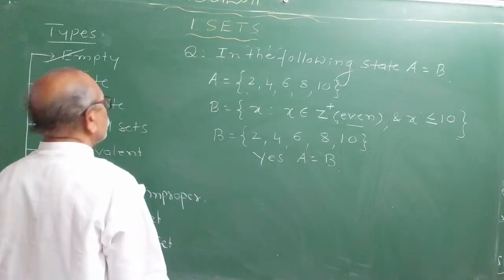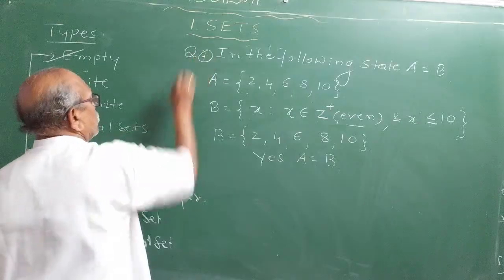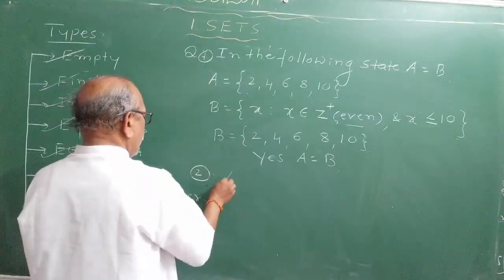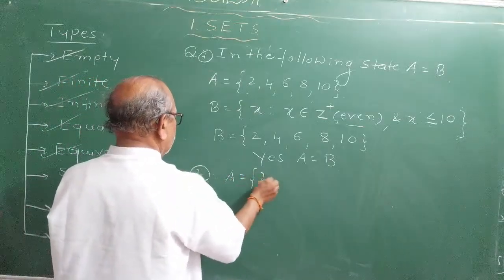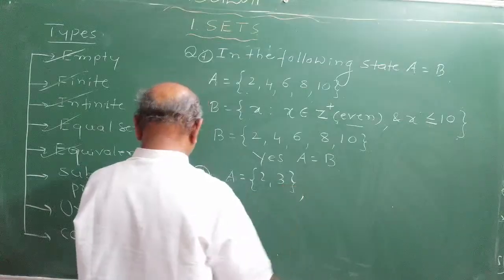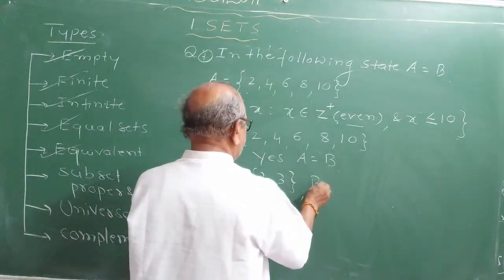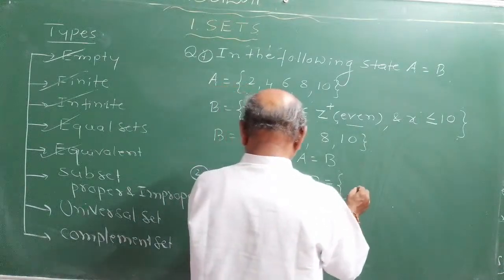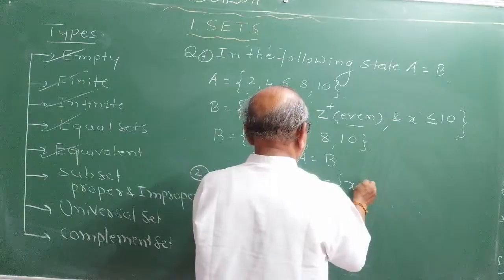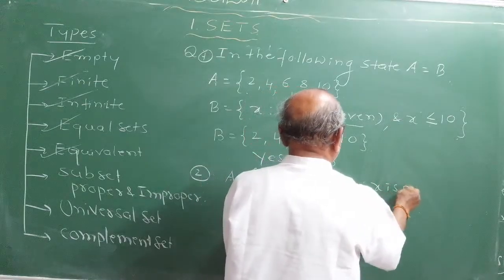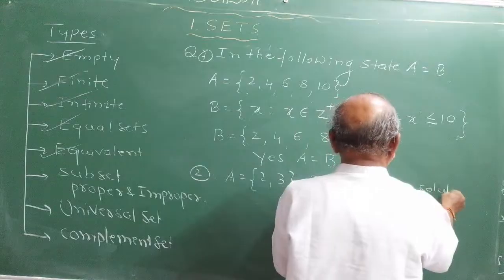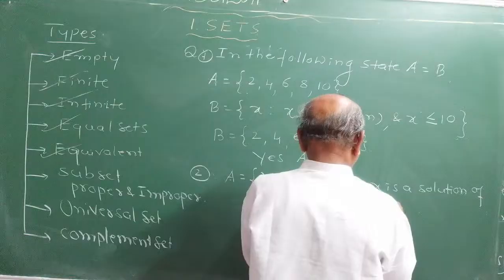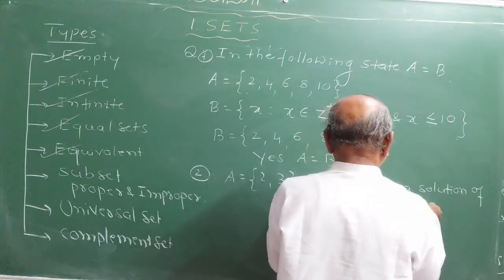Are you getting me? Take another question. Second question: A is equal to 2, 3. And set B is given as the set of all x such that x is a solution of x square minus 5x plus 6.